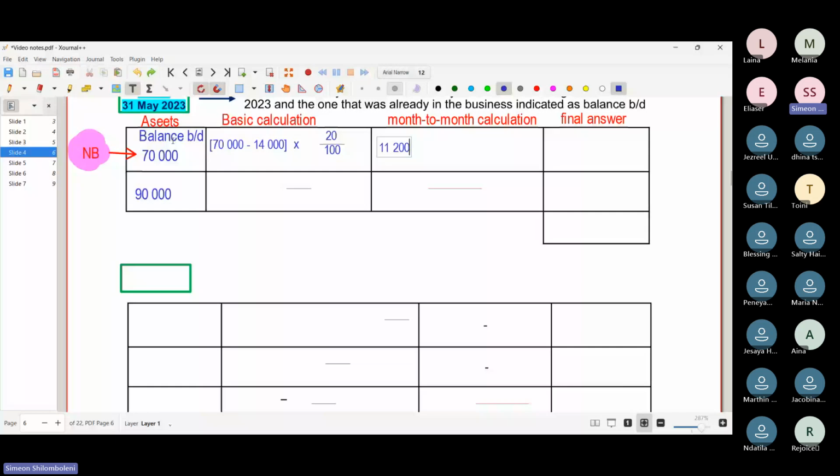Remember, balance brought down are the assets that you already had since the previous financial period. Was it in our business from the first month to the 12th month? Was it in our business for the whole year? Or did we buy it during the year, or did we sell it during the year? That is what this month to month is asking, did we have this asset for the whole year, for all 12 months?